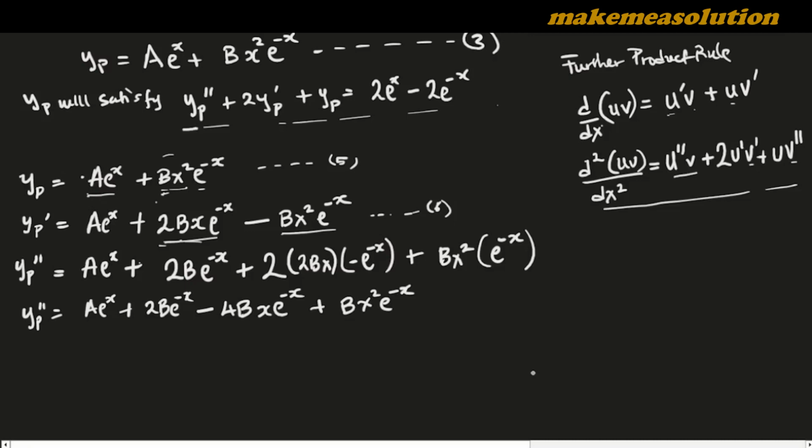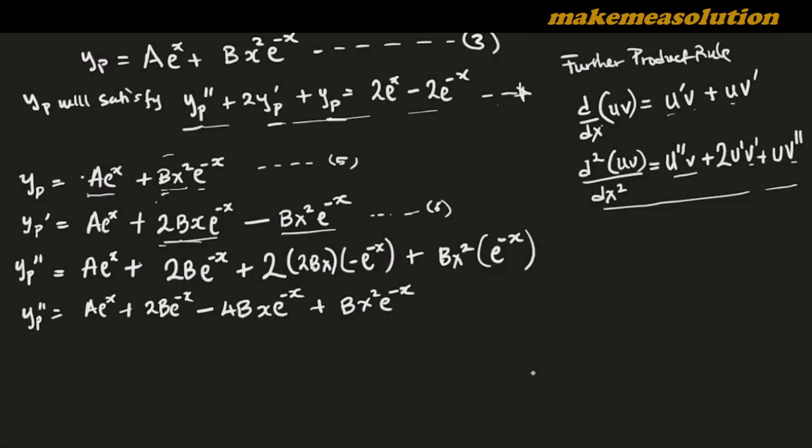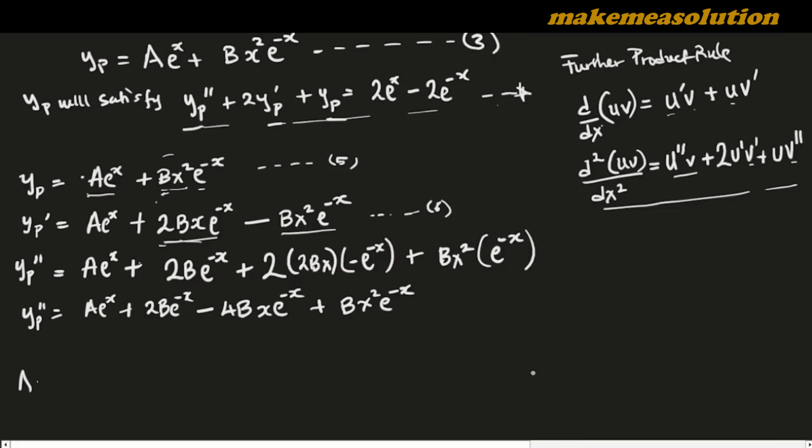We're now going to slot the values of yp prime prime, yp prime, and yp into this equation, and compare the values in order to determine the undetermined coefficients a and b. So starting with yp prime prime, we have a exponential x plus 2b exponential minus x minus 4bx exponential minus x, plus bx squared exponential minus x.